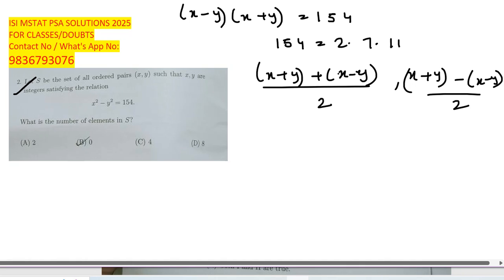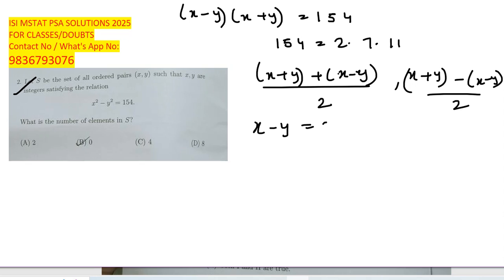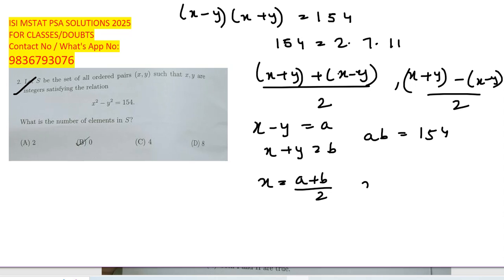So let x minus y equal a and x plus y equal b. Then ab will be 154. So x is (a plus b) by 2 and y is (b minus a) by 2.